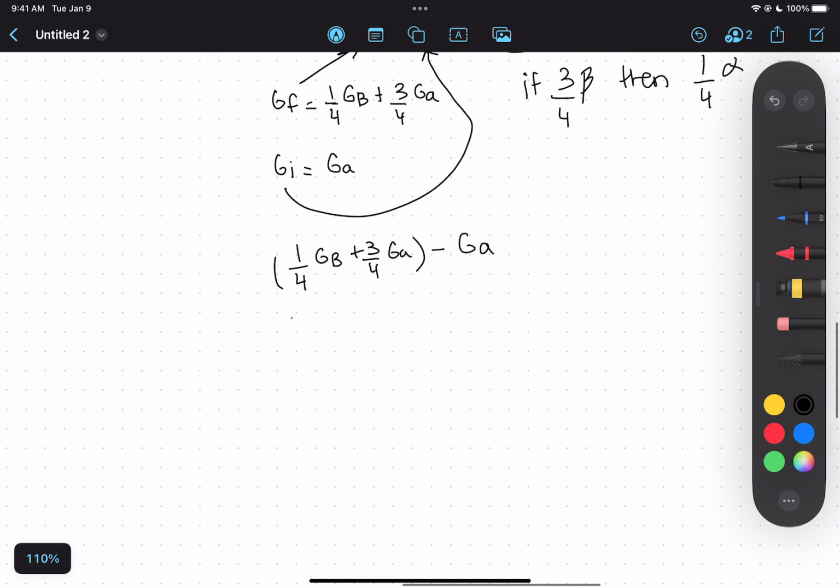If you further simplify it, you have 1/4 GB, and then 3/4 GA minus 4/4 GA, or 1 GA. 3/4 minus 1 would be what? Negative 1/4, right? So then you'd have minus 1/4 GA.